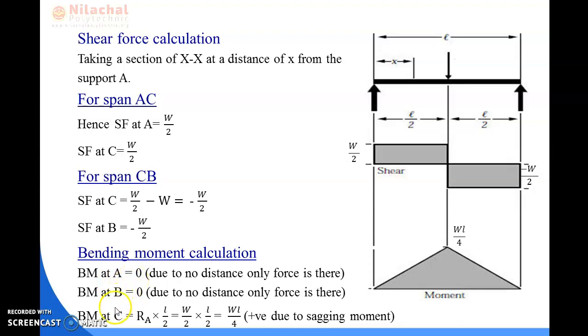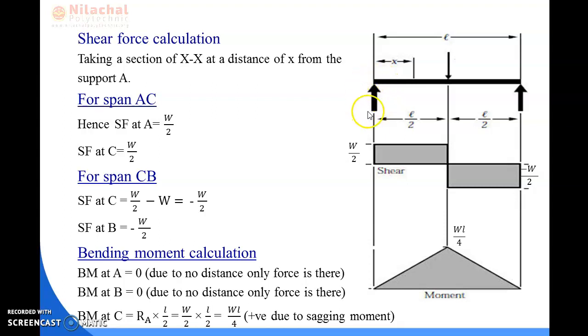So now, the bending moment at point C, that means at the mid-span of the beam. First of all, for the bending moment at this point, we need to see the left side of the section and what forces are acting here.